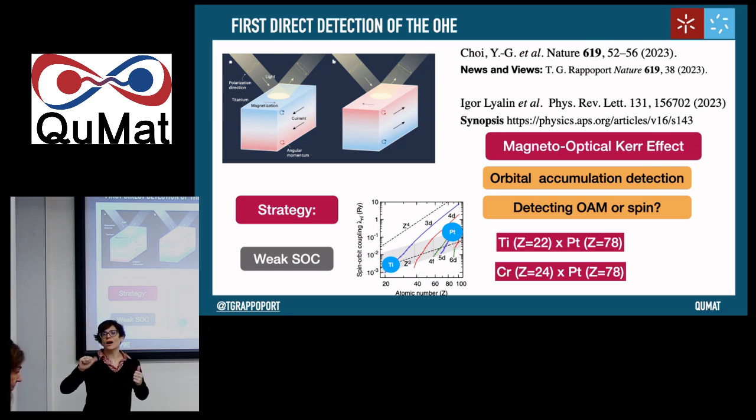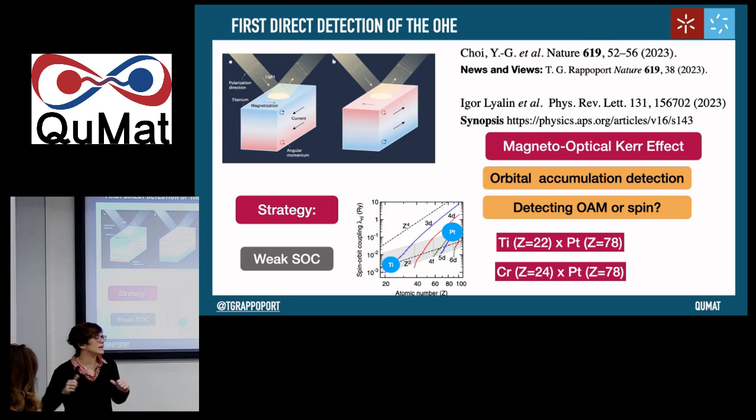Then when you look at the accumulation, in some situations you sum up the effect of one magnetic moment and the other you subtract, depending on the sign of the spin-orbit coupling.